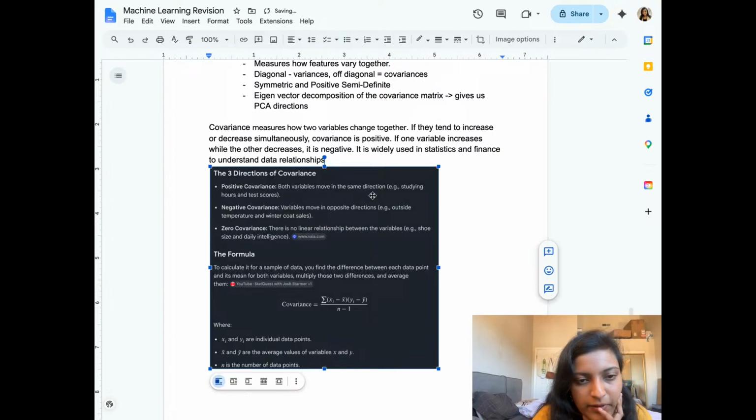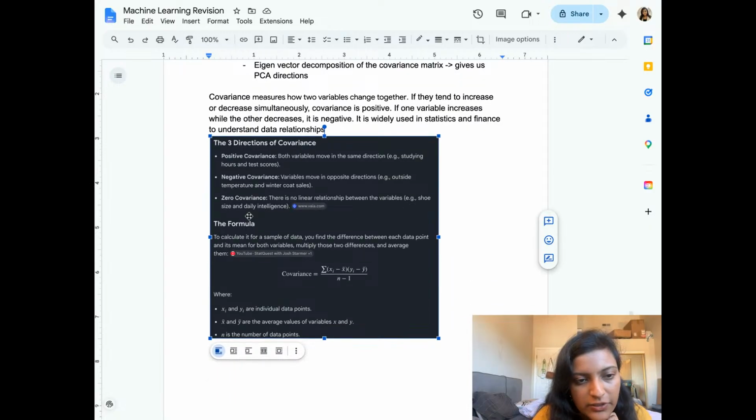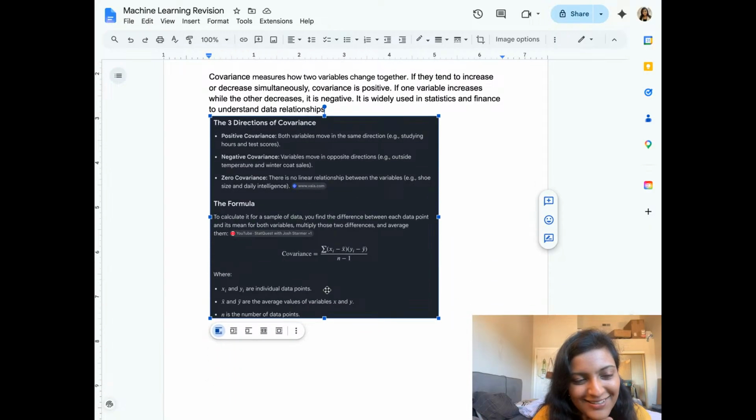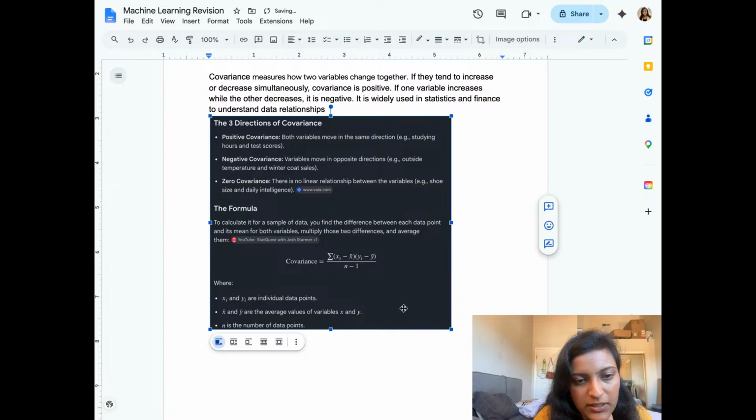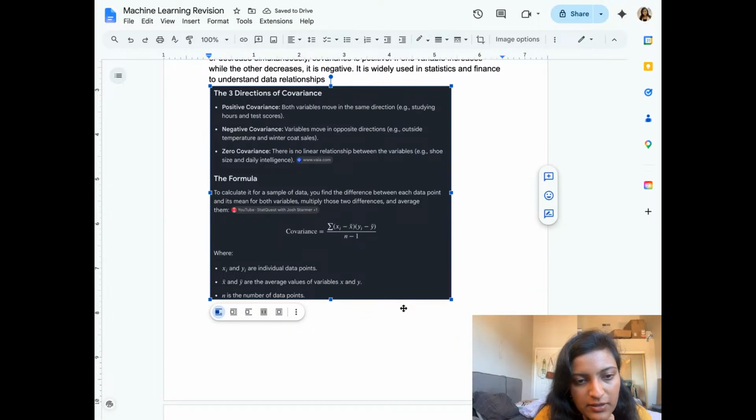Positive means both variables move in the same direction; negative means variables move in opposite directions, like studying and test scores, or outside temperature and winter coats. No relationship, like shoe size and daily intelligence. To calculate it for a sample of data, you find the difference between each data point and the mean for both variables, multiply those differences, and average them.